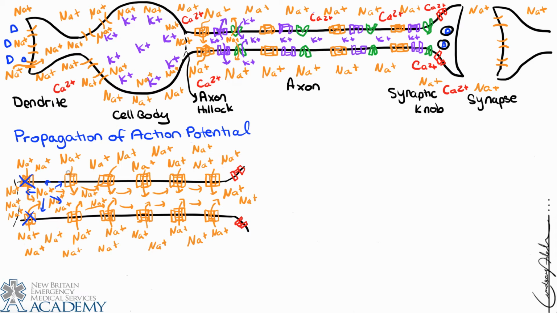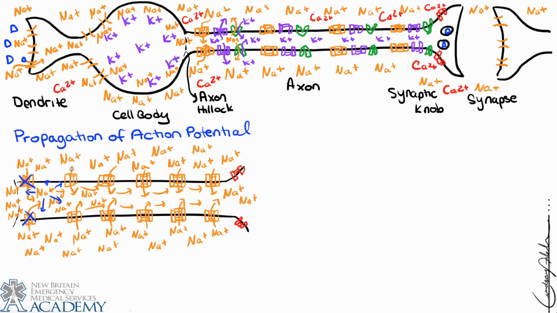So the sodium is going to move in the forward direction, and it will depolarize those sodium channels that are forward. And also, while the first set of sodium channels are in their absolute refractory period, it's also important to know that during this time, the potassium channels are open, adjacent to those sodium channels, and they are allowing the efflux of potassium.